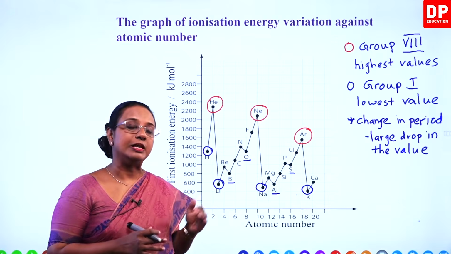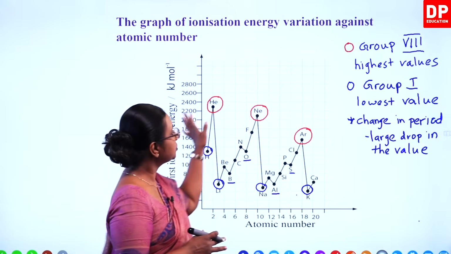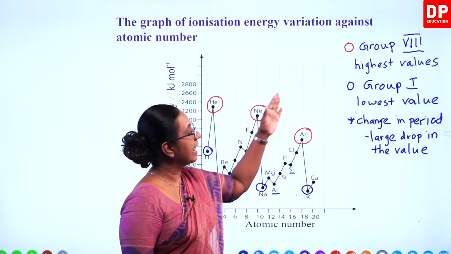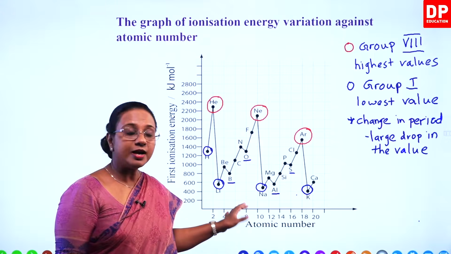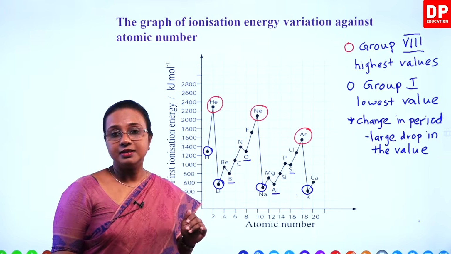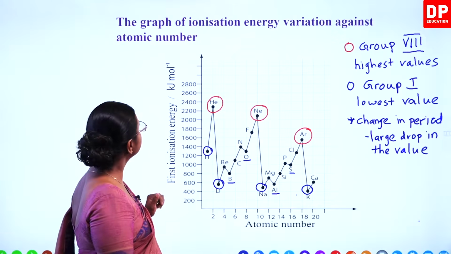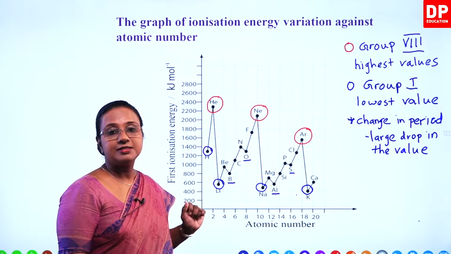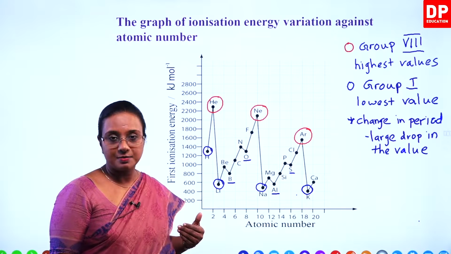And then you will be able to answer the questions. So when you study this graph, look at it carefully and understand these patterns. That is why we refer to it as pattern seen in the periodic table. So that is the first property that we discuss for patterns seen in the periodic table.